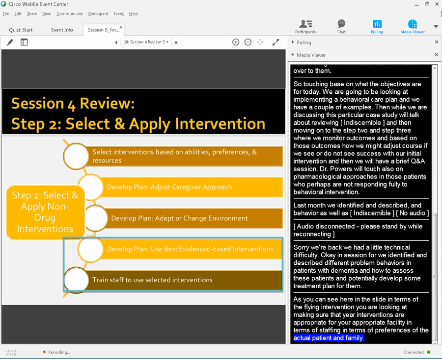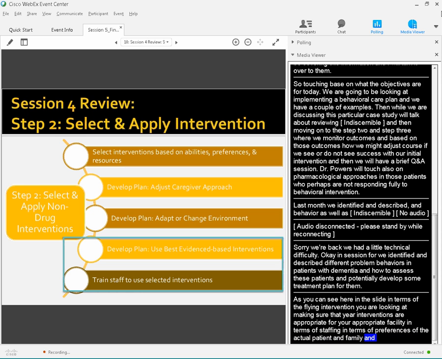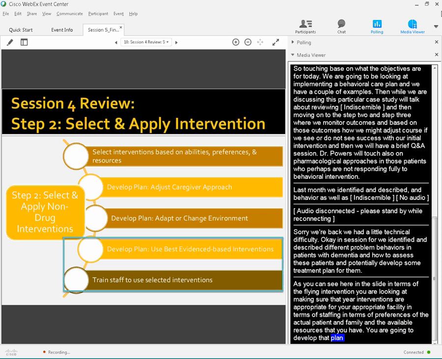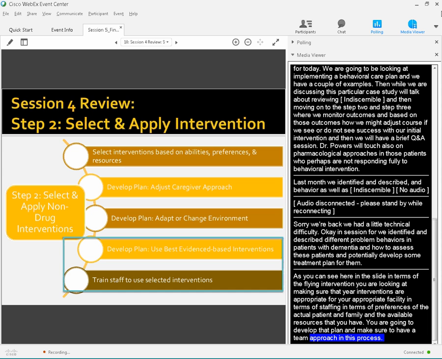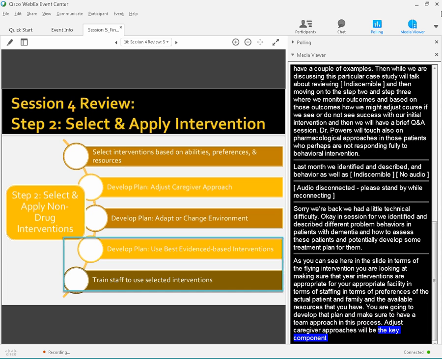You're going to develop that plan and make sure to have a team-based approach in this process. The caregiver approach is going to be the key component of this process. And adapt or change the actual environment, whether that be within the room or the facility for this particular patient.